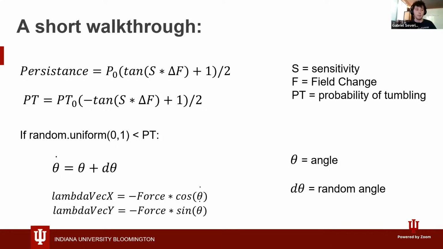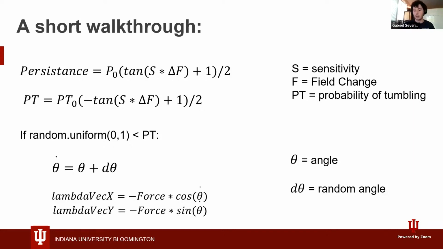At any given time, the cell is asked: if some random uniform number between 0 and 1 is less than the probability of tumbling, then the cell will tumble. When that happens, an angle is drawn from a distribution, and you get offset by that angle.